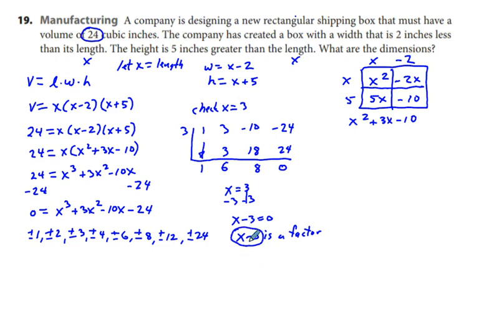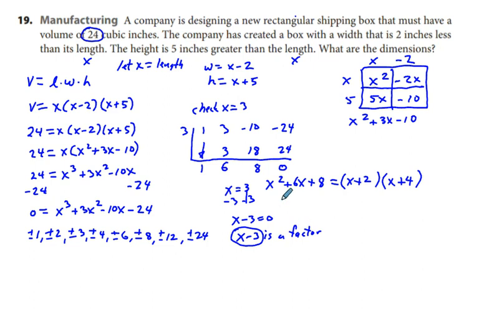And left we have x squared plus 6x plus 8. And in factored form, that's going to be x plus 2 and x plus 4.